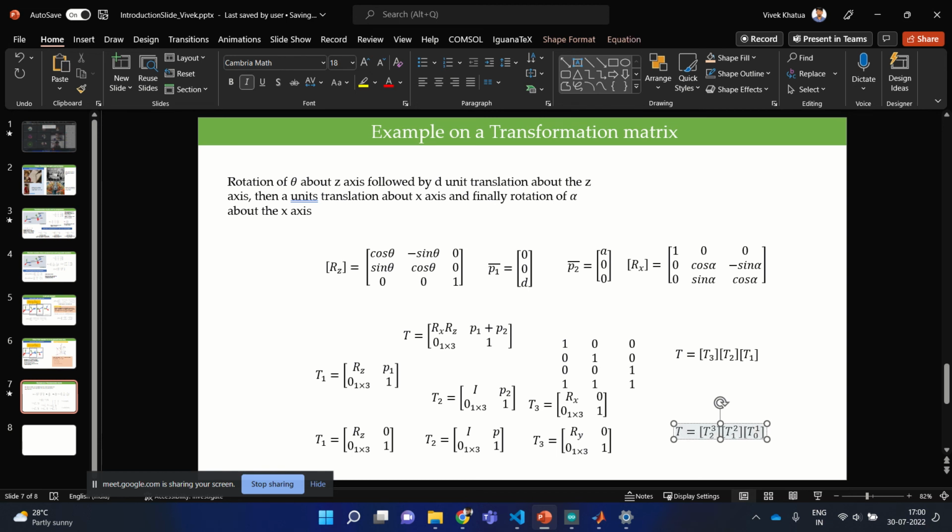From the 0th frame to the 3rd frame, this is the composite transformation matrix that will lead you there. Now if you multiply any vector by this, you will get your vector transformed into the third frame.